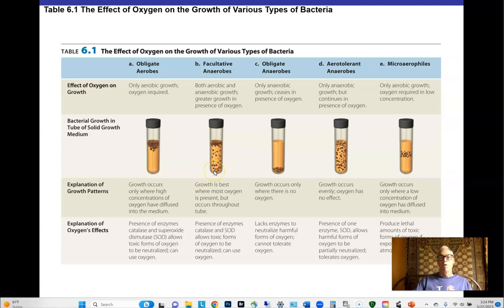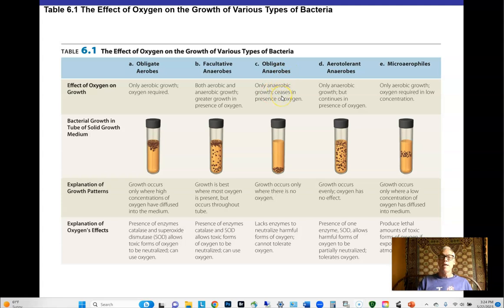These bacteria can grow in the absence of oxygen. Oxygen would not be able to diffuse that far down into the agar. But look at the surface. They grow better in the presence of oxygen. So facultative anaerobes can grow anaerobically, but they grow much better aerobically. They have all the equipment to do aerobic respiration and get the 34 ATPs per glucose.